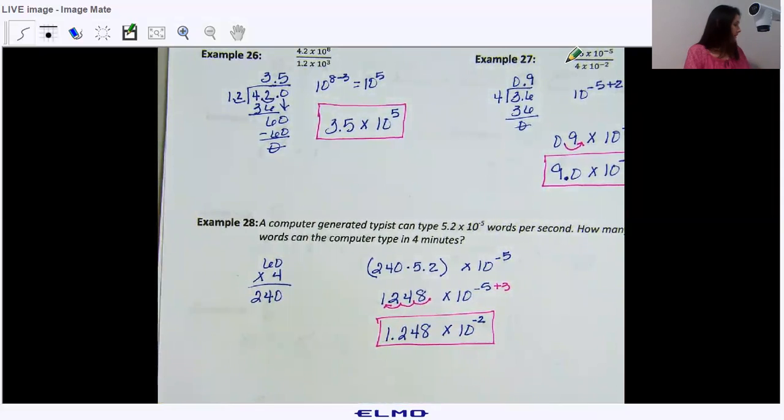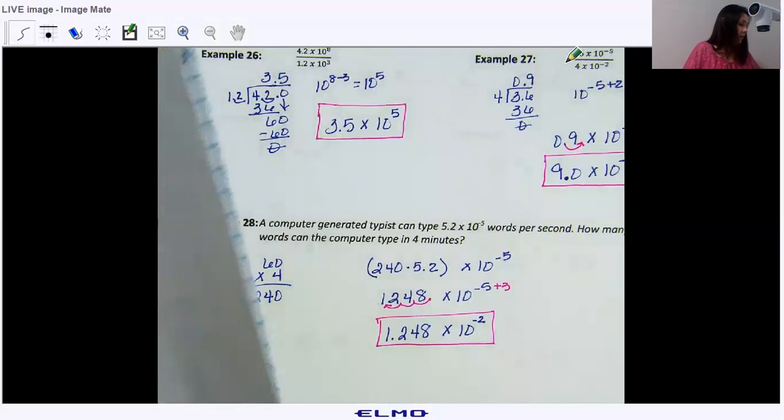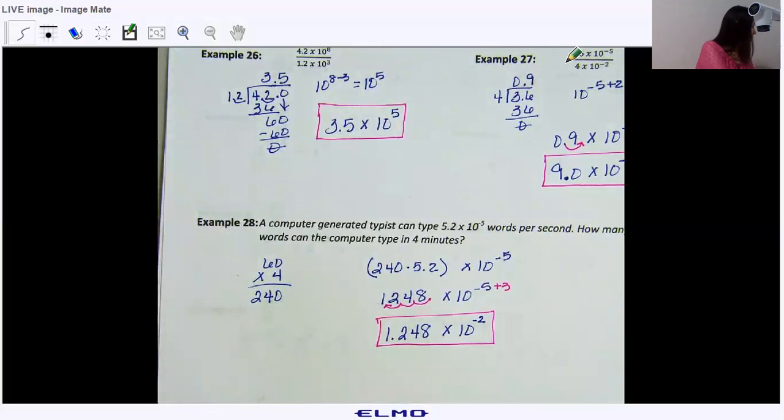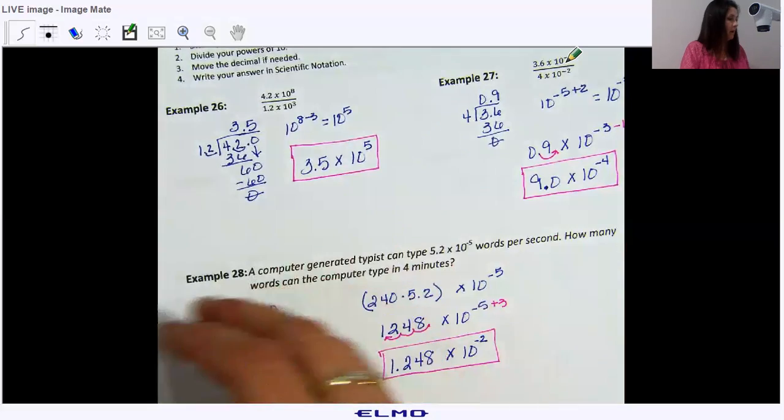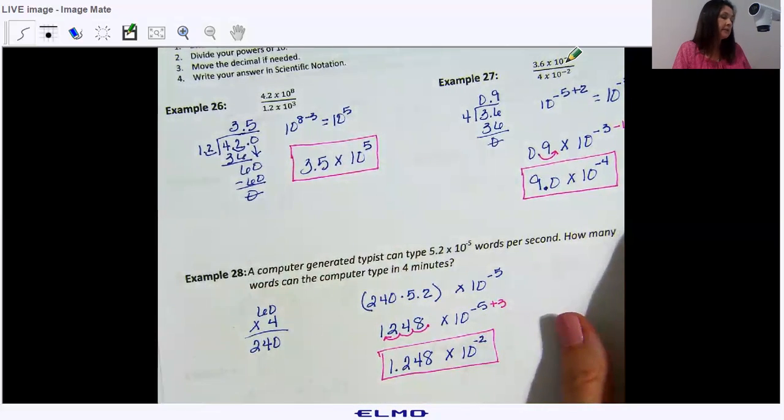Okay, so your notes had a lot more practice than what your homework is going to. The homework is 5-4. I don't have a blank copy with me, but it's 5-4 practice division properties of exponents.